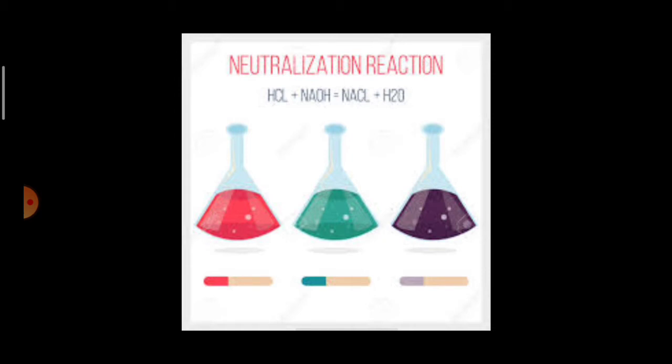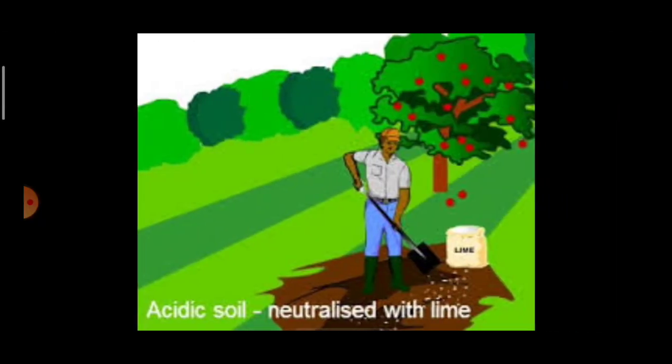That means sodium chloride is a salt and H2O is water. So when an acid like HCl reacts with a base like sodium hydroxide, we will get a salt like NaCl plus water. So in this reaction, heat is evolved.